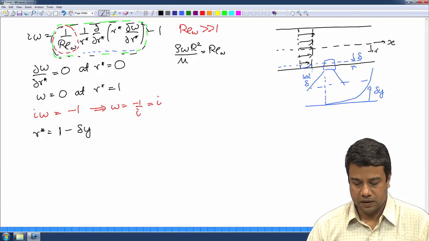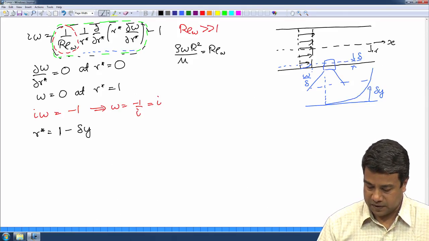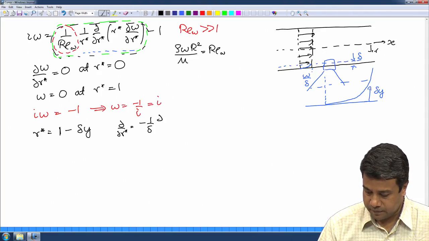Once I have done this rescaling, I insert that into the equation. I will get d by dr star is equal to minus 1 by delta d by dy.